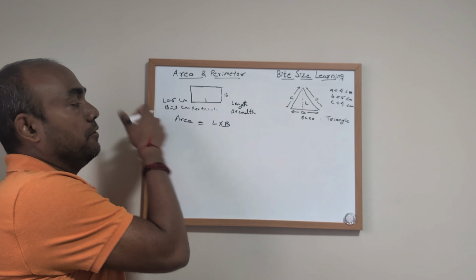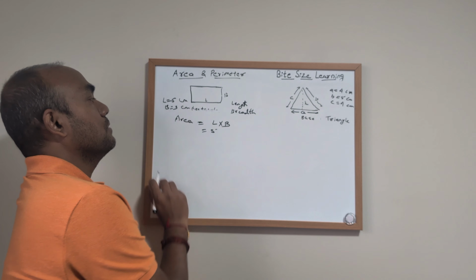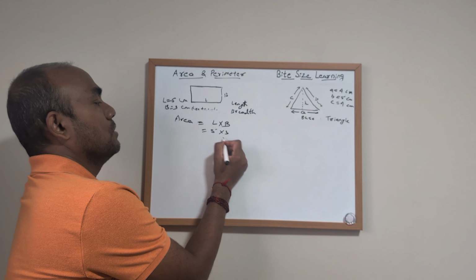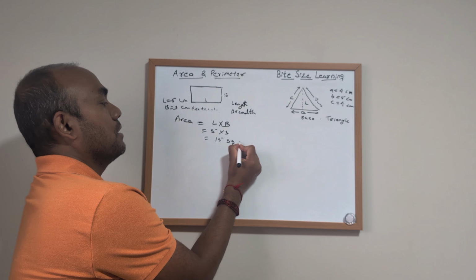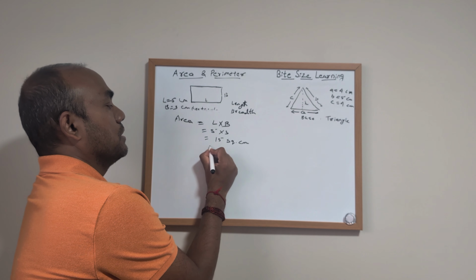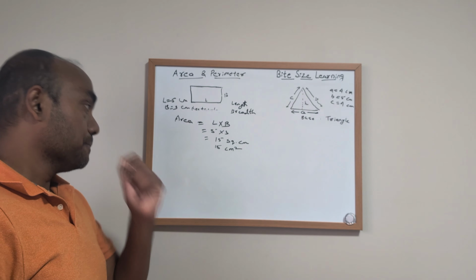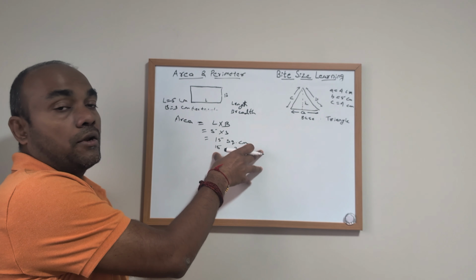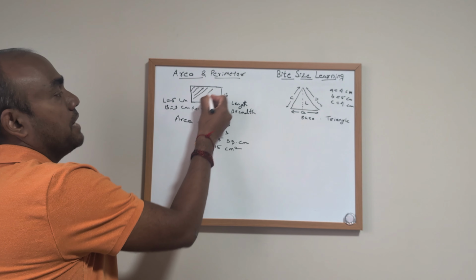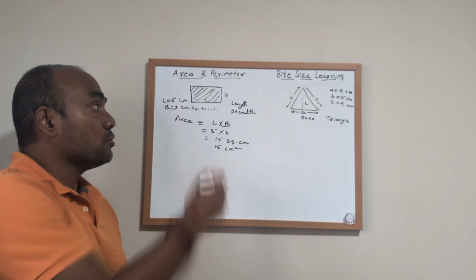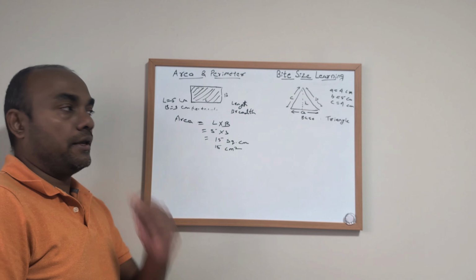If we take the same measurement, length 5 centimeter and breadth 3 centimeter, the area of the rectangle would be 15 square centimeter, or you can say 15 centimeter square. Both are correct, both are the same. Area, like we discussed for a square, is the portion inside the boundary of a shape. This portion inside the boundary of a rectangle is the area.